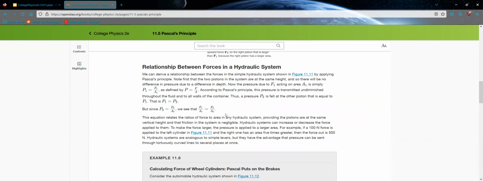And if you change the forces, for example, what you put in equals what you put out. And it is super useful because you can apply not a whole lot of force over a larger area and achieve a larger force over a smaller area, for example.